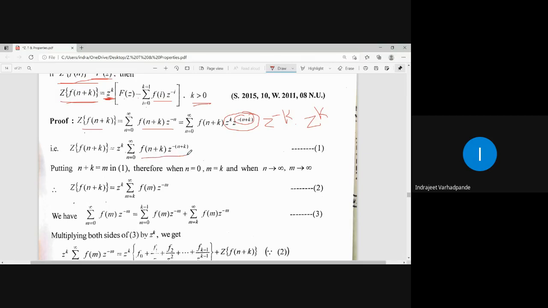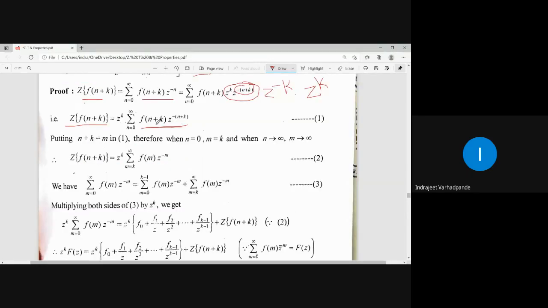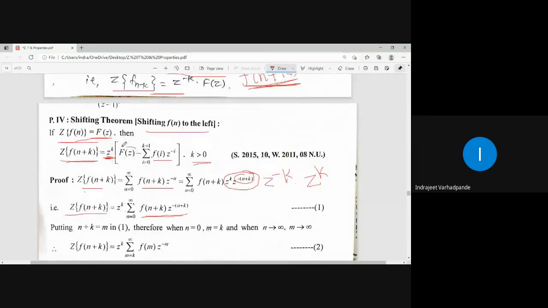So now my statement is: Z of f of n plus k is z to the power k, summation n equal to 0 to infinity, f of n plus k into z to the power minus of n plus k. Again, I have to fulfill the definition of the Z transform.